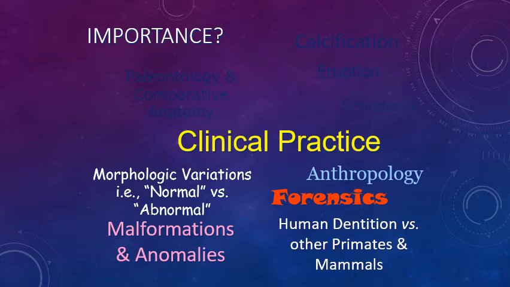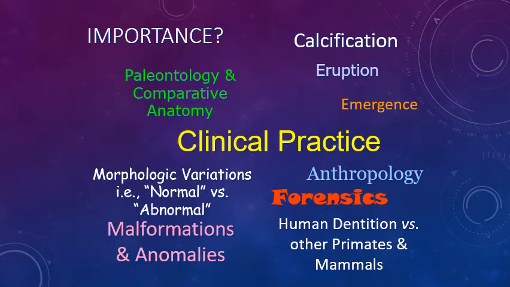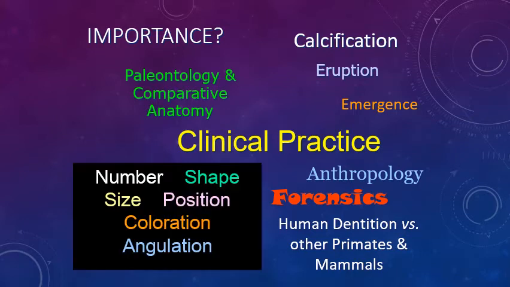All of these different branches of science deal with calcification, eruption and emergence of these teeth. So if you know about them, then we can definitely improve our clinical practice. Lastly, it is paleontology that we have talked about: a comparative anatomy between the human dentition and the primates and mammals.